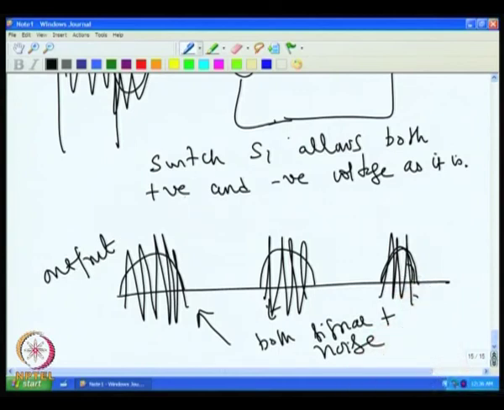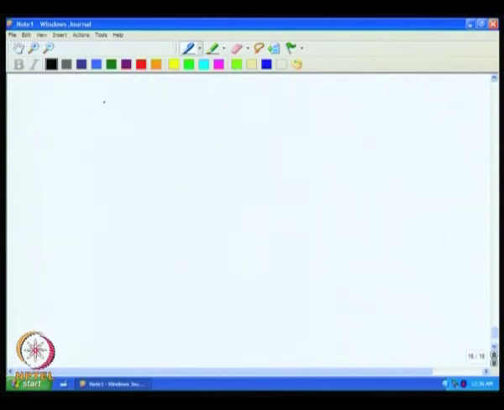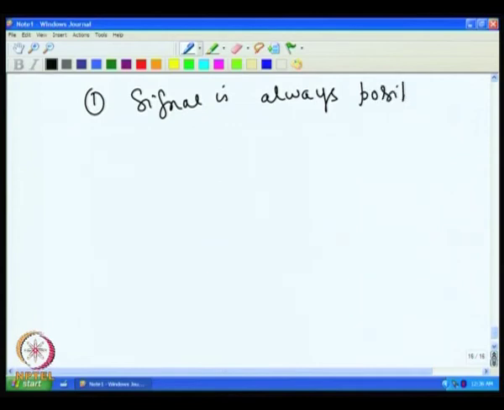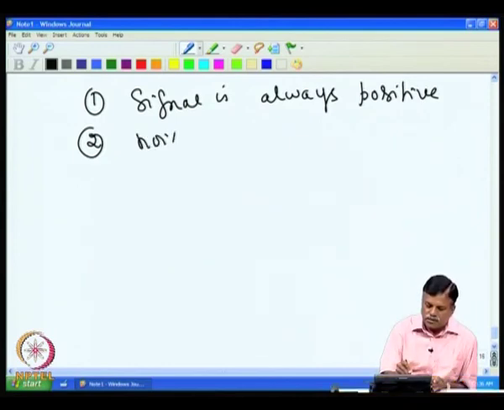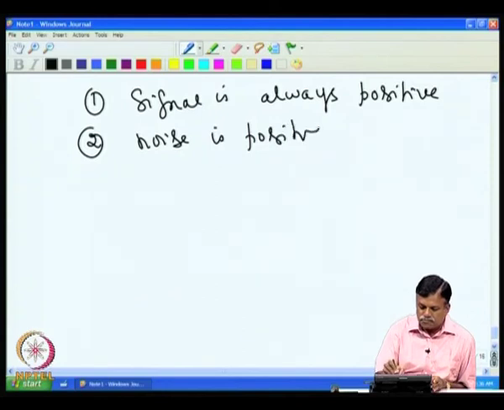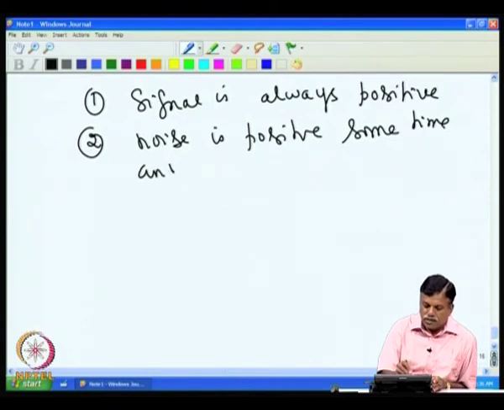Now, negative is not coming, but the signal is always positive. The second point is that noise is positive sometimes and negative sometimes.